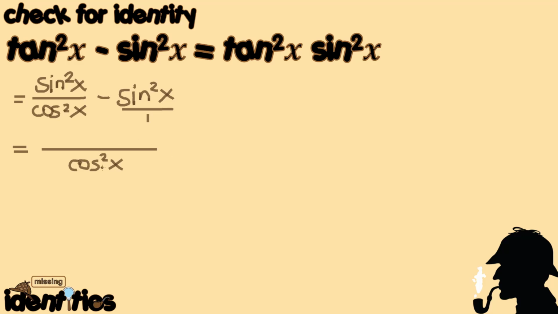So cosine squared x divided by cosine squared x is 1 times sine squared x. You have here sine squared x. Second, cosine squared x times 1 is cosine squared x. Divided by 1 is cosine squared x times this.